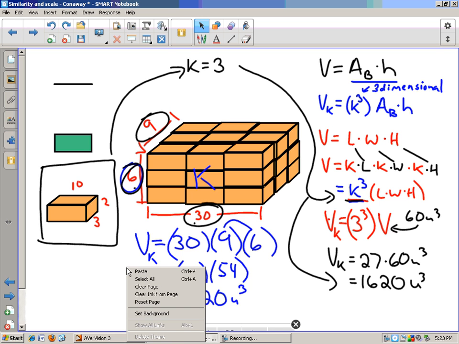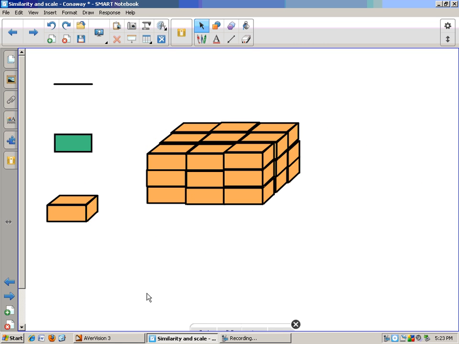Let's look at the surface area and see what happens. With the surface area, we once again have our 10, 3, and 2, which I want you guys to think more in terms of just length, width, and height, because that's going to be much more helpful here.